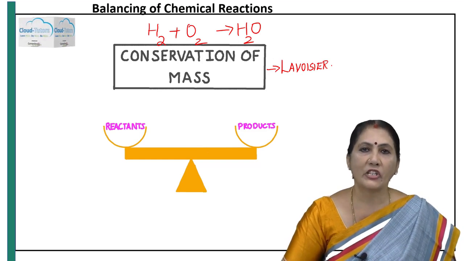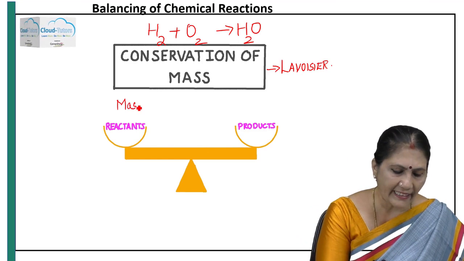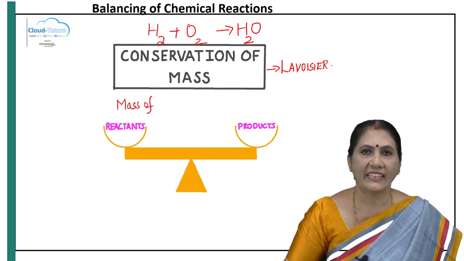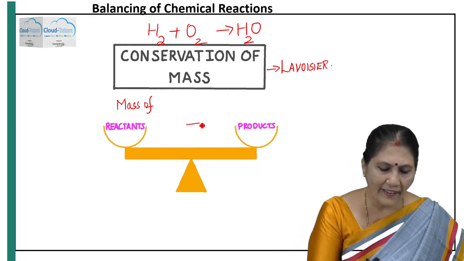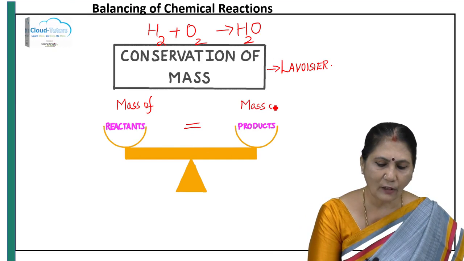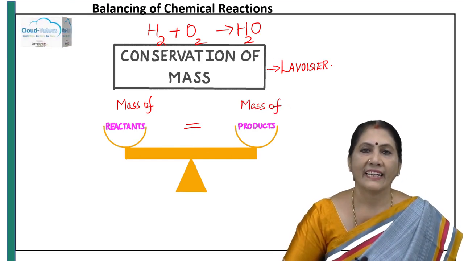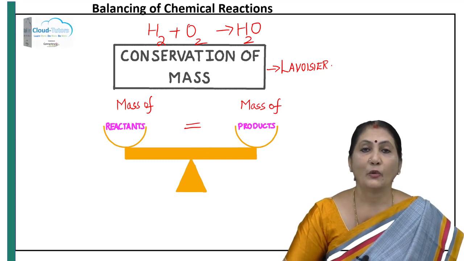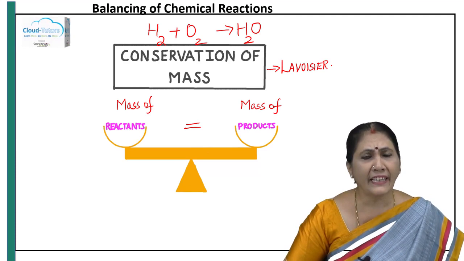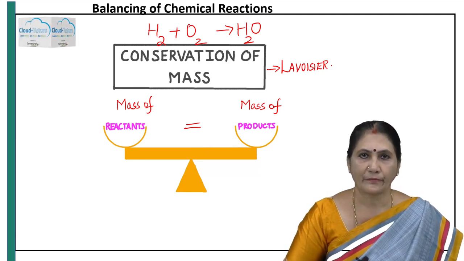According to Antoine Lavoisier, the total mass of the reactants in a chemical reaction is always equal to the total mass of the products. In other words, you can even state that mass can neither be created nor be destroyed in a chemical reaction.